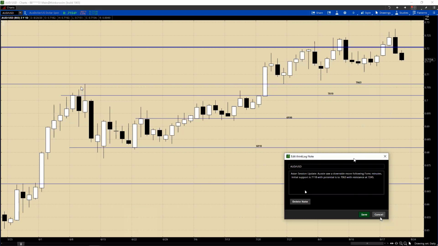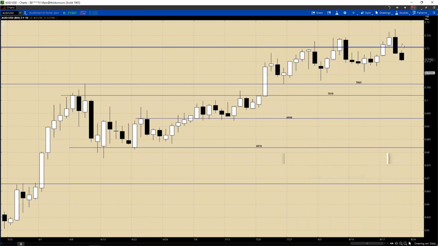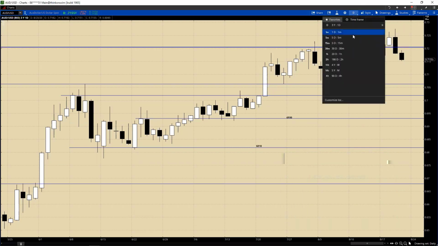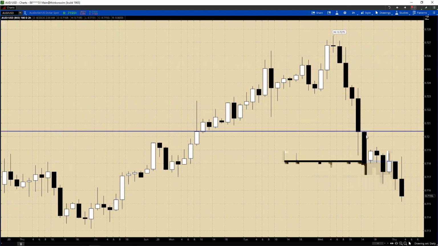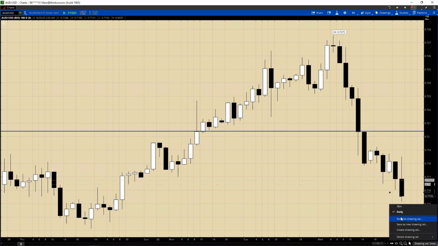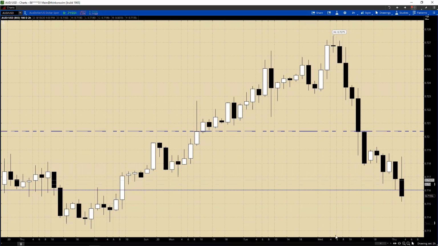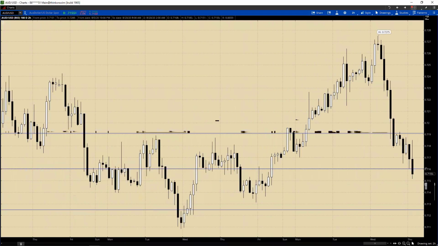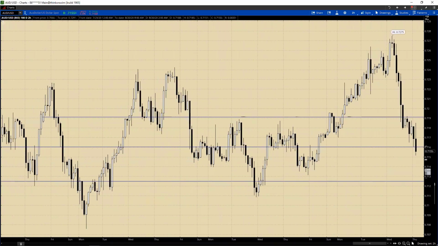And we can take a look at it on a 2 hour, see if we can tighten up the resistance a little bit. Right there, 72.34.